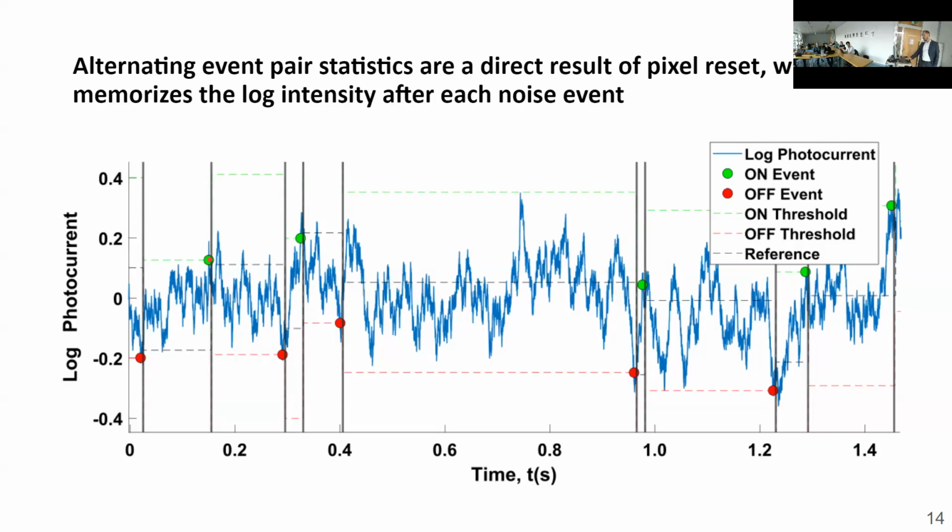Likewise, after this on event, I also reset my reference near the top, the opposite side of the noise level, making it much more likely that I'm going to generate this following off event. And this sequence continues and continues, which increases my noise rates unnecessarily.